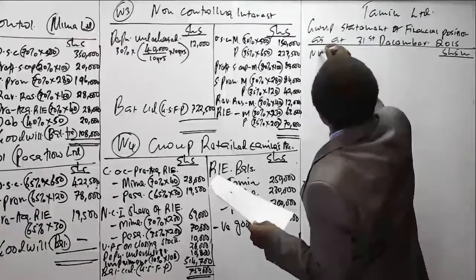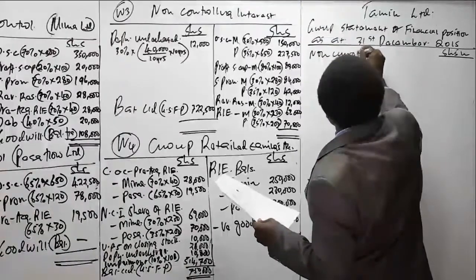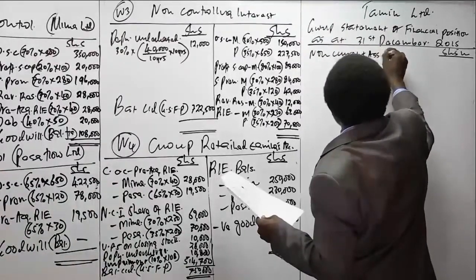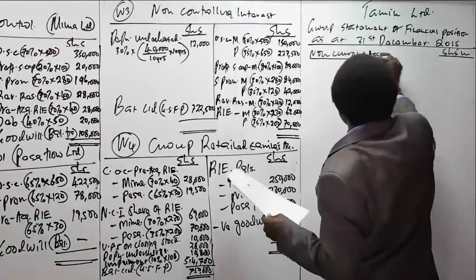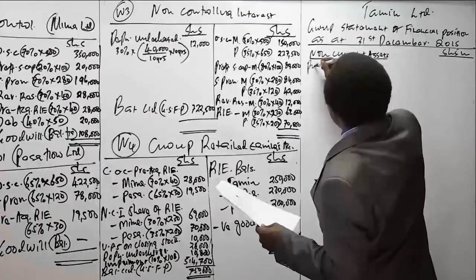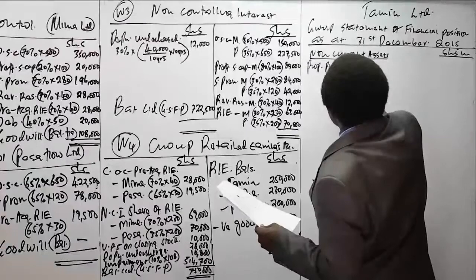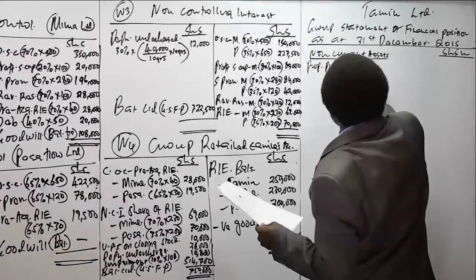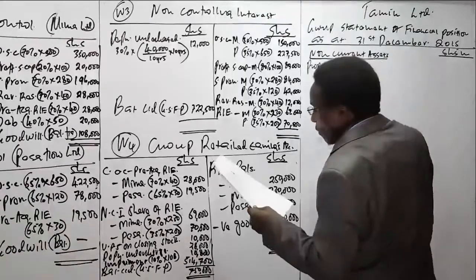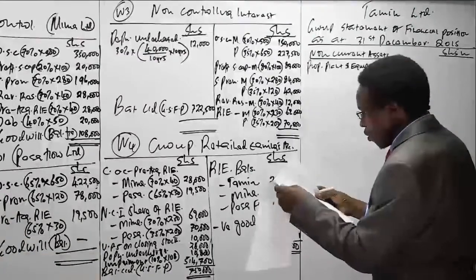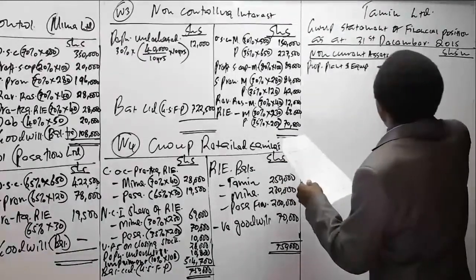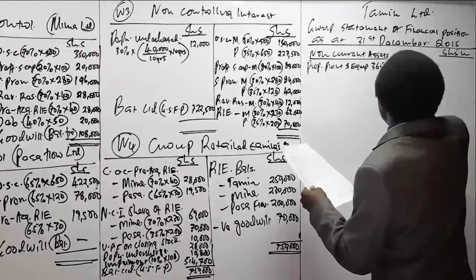We have non-current assets. Friends, under non-current assets, we have the property, plant and equipment. For Tamim, which is 365.